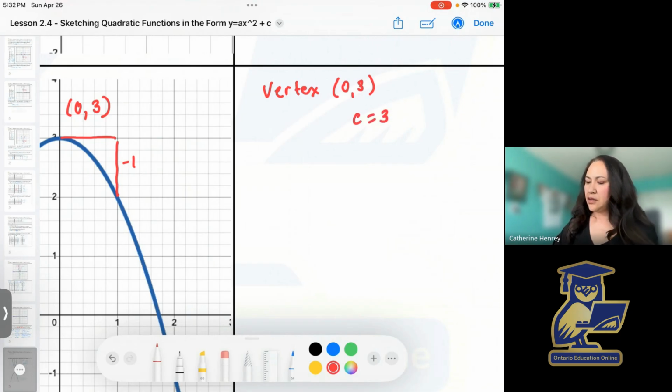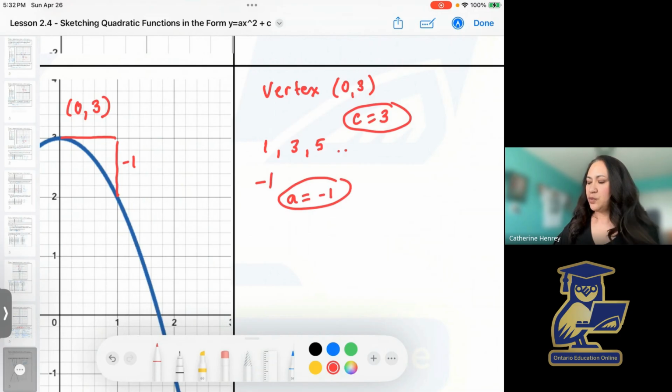And if I take a look at the step pattern again for the parent function, the step pattern here for this function is -1, then we can determine that A is equal to -1. So if I put the A together with the C, my function will be y equals negative x squared plus 3.